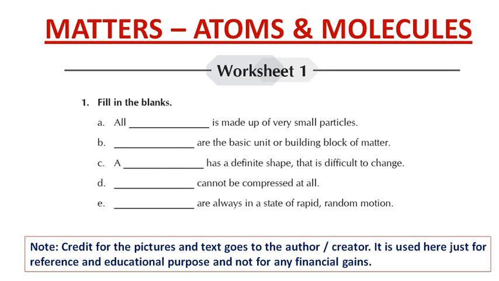Further, inside the atom there are subatomic particles: electrons, protons, neutrons, and there will be a nucleus. I am not going to discuss all these things today, nor the structure of the atom. I am only talking about matter and the various types of matter.